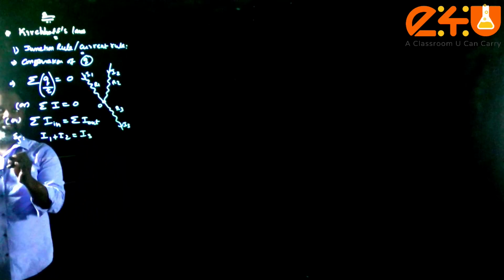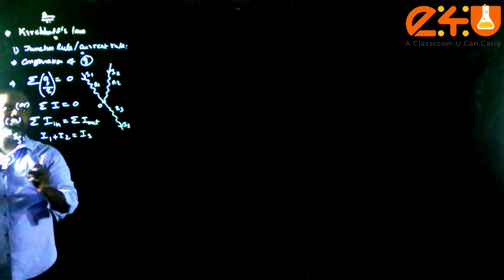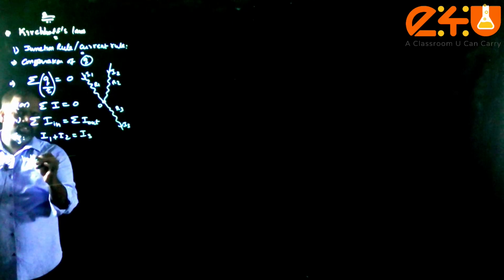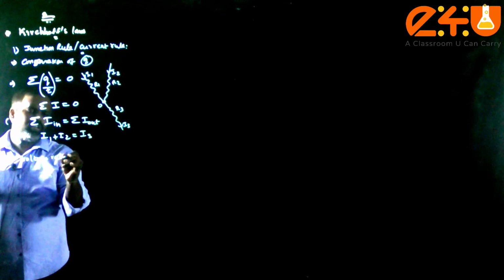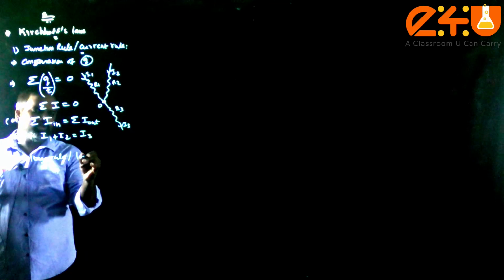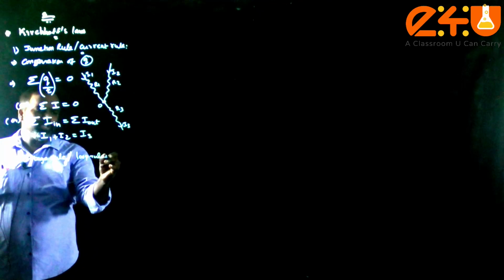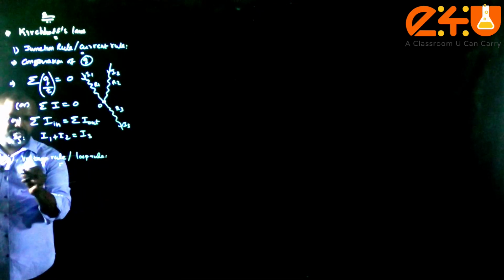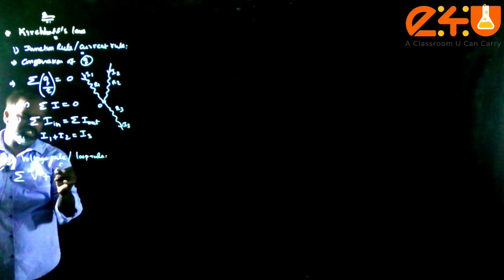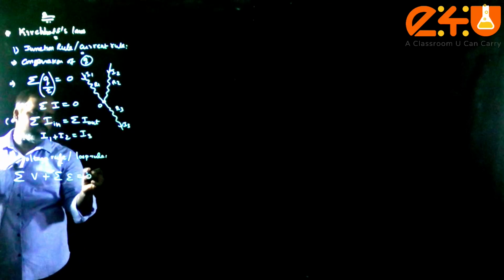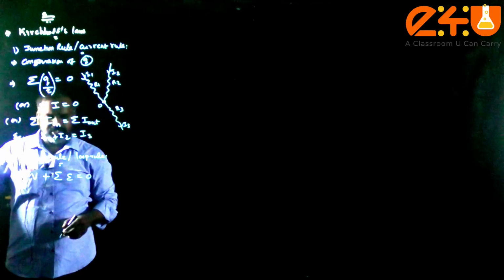So the second law is the voltage rule, or loop rule. It says that the algebraic sum of the voltages and EMFs in any closed loop will be zero.